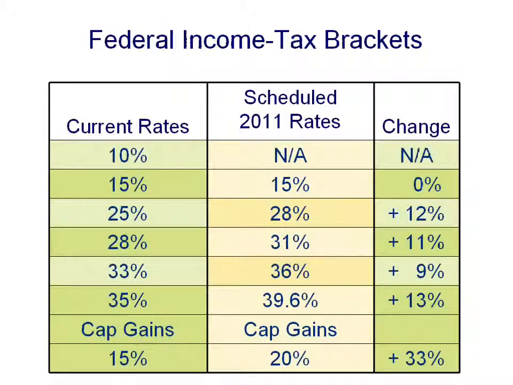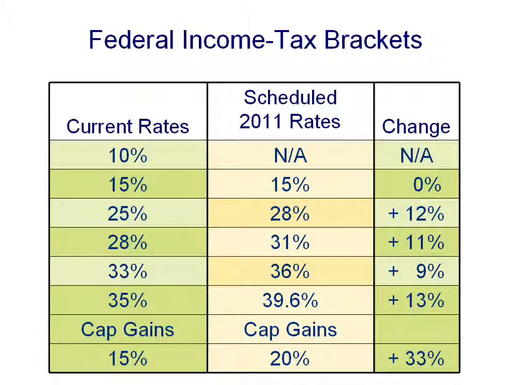When considering your tax bracket today, remember that the tax rates are scheduled to change after 2010. Unless Congress passes new legislation, the current taxes you see in the left-hand column will revert to what they were before 2001.